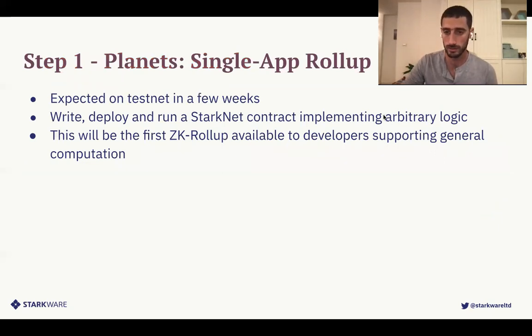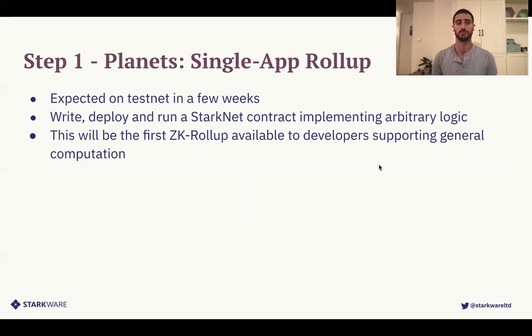Okay, perfect. As I've said, the first step is a single-app rollup, and this is already expected on testnet in a few weeks. I think it will be mid-May, maybe a little bit later. As I've said, this basic step is developing the Starknet contract. So what developers will be able to do at this step is to write Starknet contracts, deploy them on Starknet, and run them.